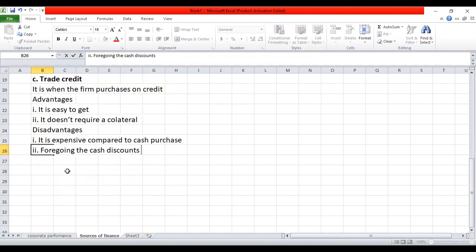Then D is leasing. It can be an operating lease, it can be a finance lease, and it can be sell and lease back.